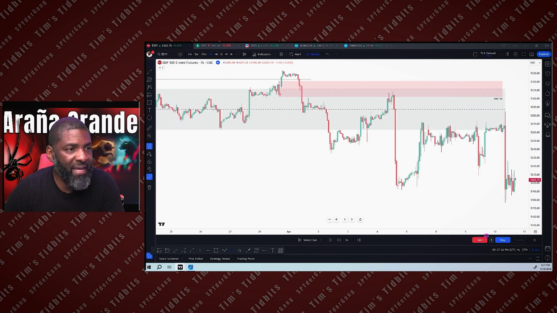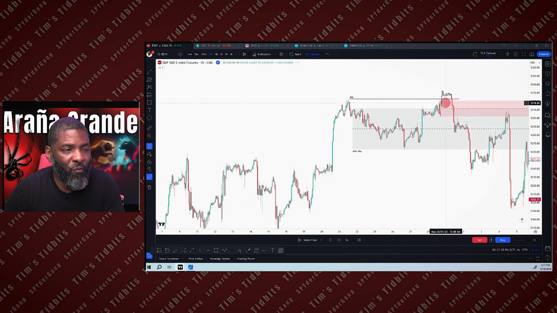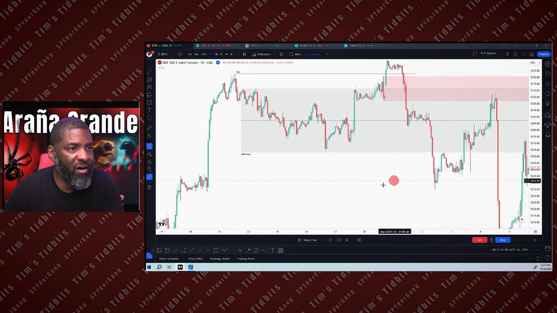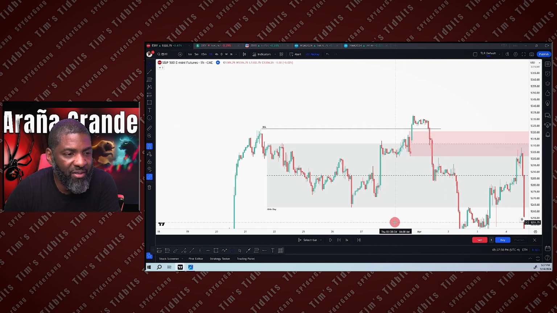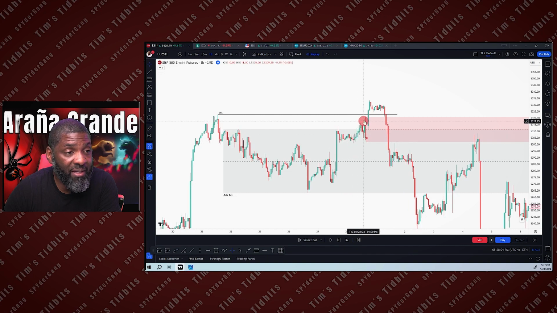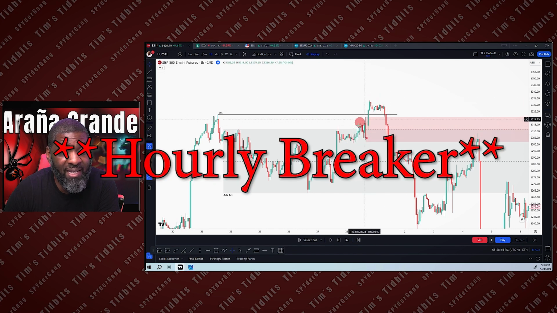Okay, so we drop down into a 60-minute, and right here as we are taking not only the short-term buy side here on the 60-minute, as we trade up above, right, we take out the daily buy side right there. And as we go into that, what do we do? We create a high, a low, a higher high as we take out the daily buy side, and then we trade back down and create a daily breaker.